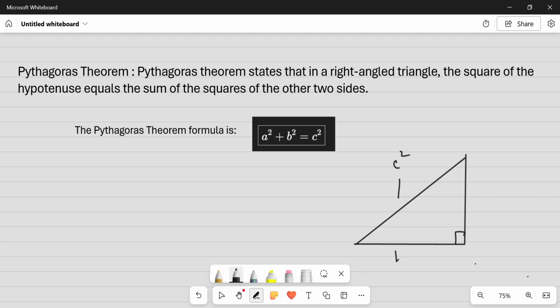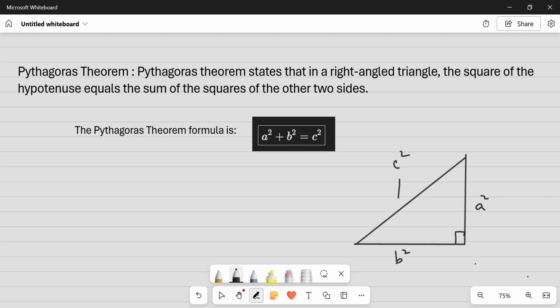This one is b square and the other one is a square, right? So c is the hypotenuse, a is your perpendicular or 90 degree side, and the base is b. The question is that you need to find one side among these three. Two of the sides are given to you, and the third side you need to find out with the help of this formula.